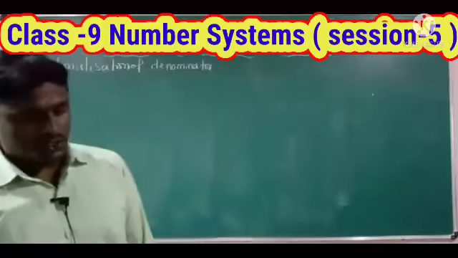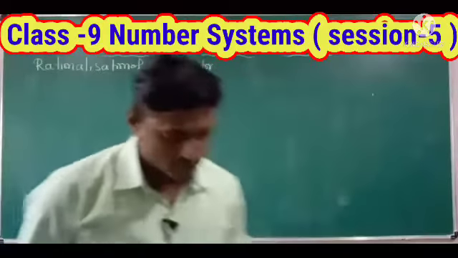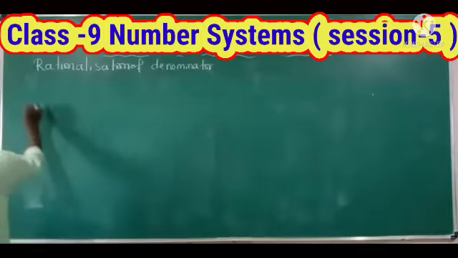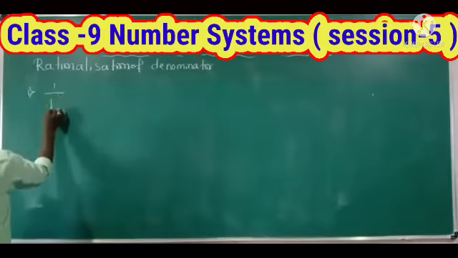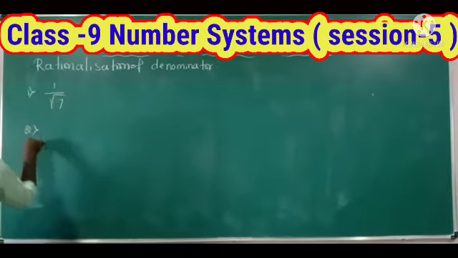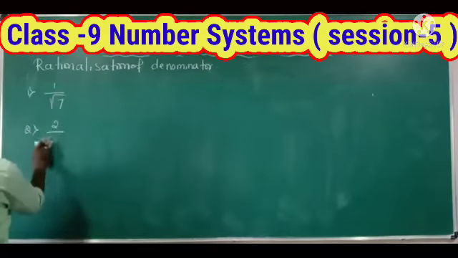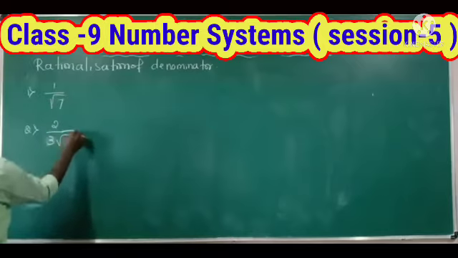See the first question. Rationalize the denominators of the first one, 1 by root 7. Second one, 2 by 3 root 5.